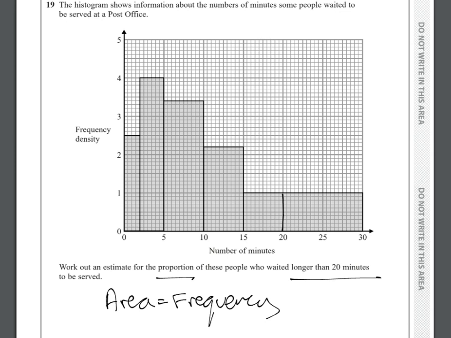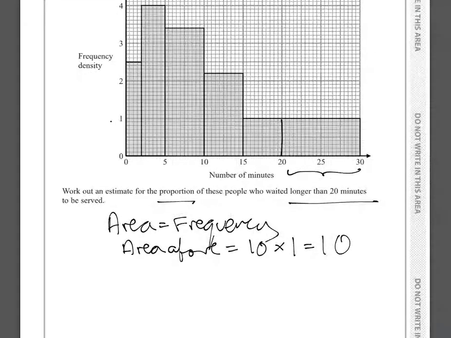So the area above is 20 to 30, so that's 10 times, how high is it? According to the scale here, it's 1 high. The area above is 10. The area below is lots of different bits. Or actually we want the area in total.